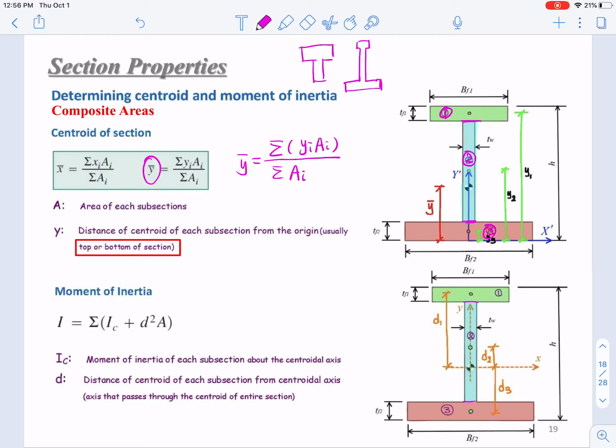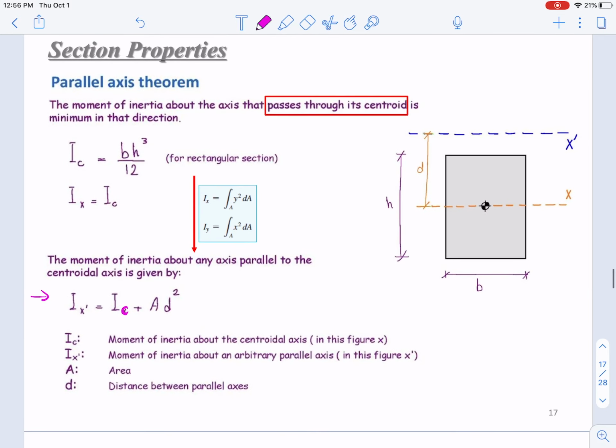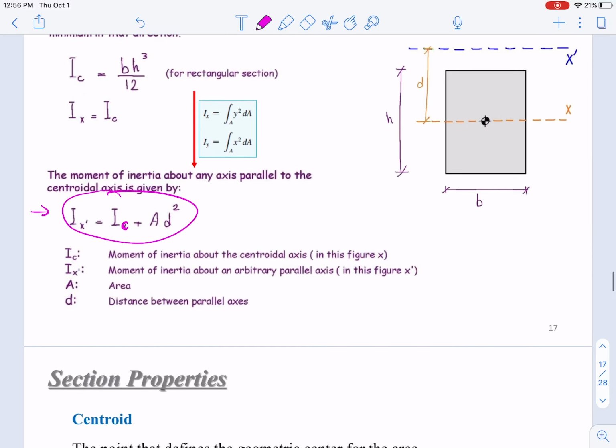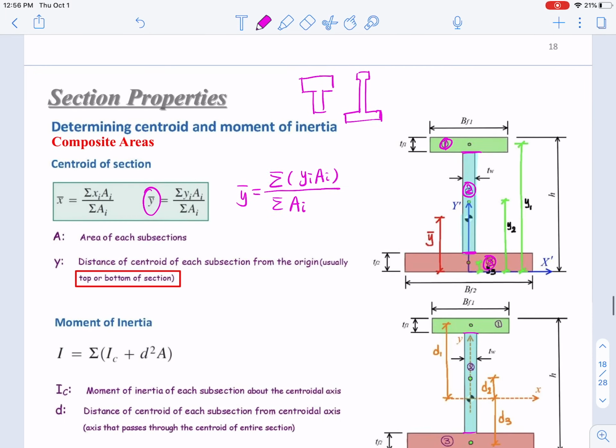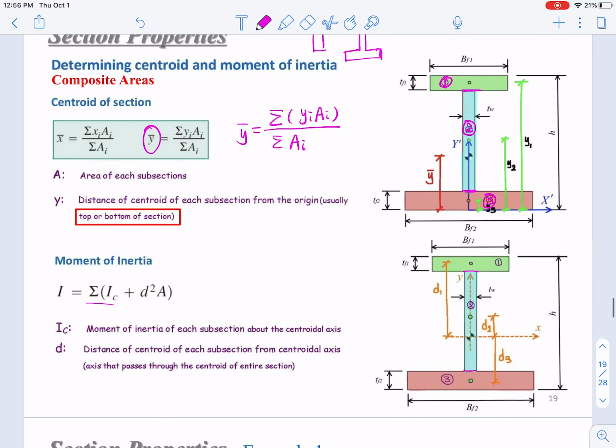Right? Get these 3 sub areas, and then for each of them you calculate IC plus d squared times A based on this equation. Right? Then you sum them together, and you will get the overall moment of inertia.